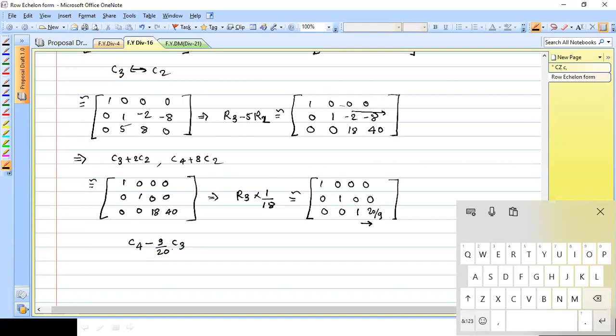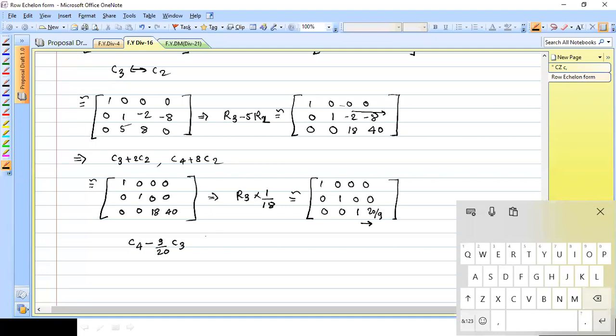Check whether this is correct or wrong. So it should be 20 by 9 C3. So C4 minus 20 by 9 C3. Correct. If I write 20 by 9, then it is correct.